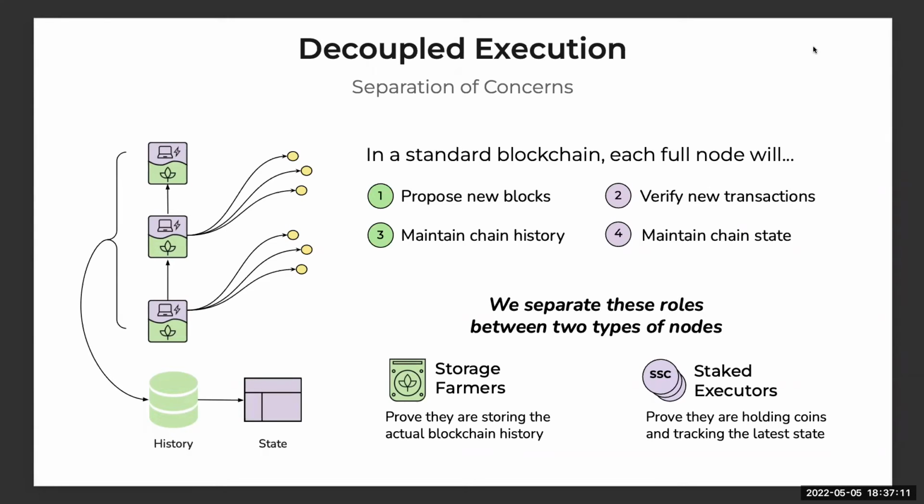And they're going to use one type of consensus, which is proof of archival storage, or disk-based consensus. And we have a second type of node called the executor. And the executor is going to be responsible for the liveness of the chain. So basically transaction production, or transaction batching in our case, and also the validity of the chain, or basically agreeing on what the global state root is.